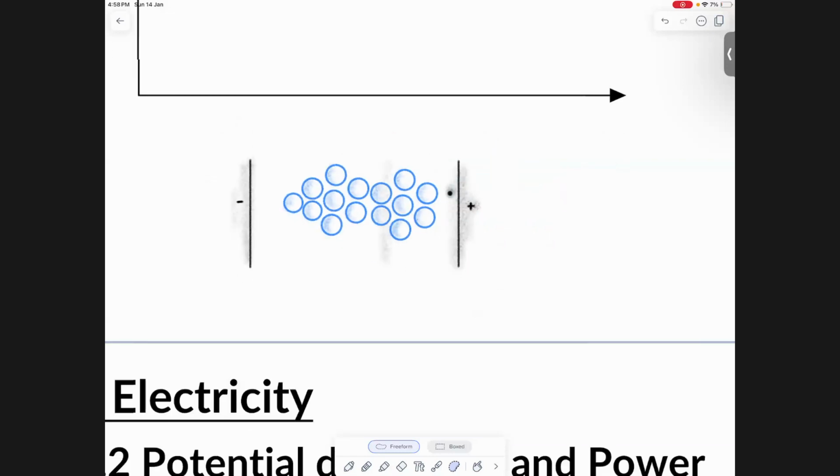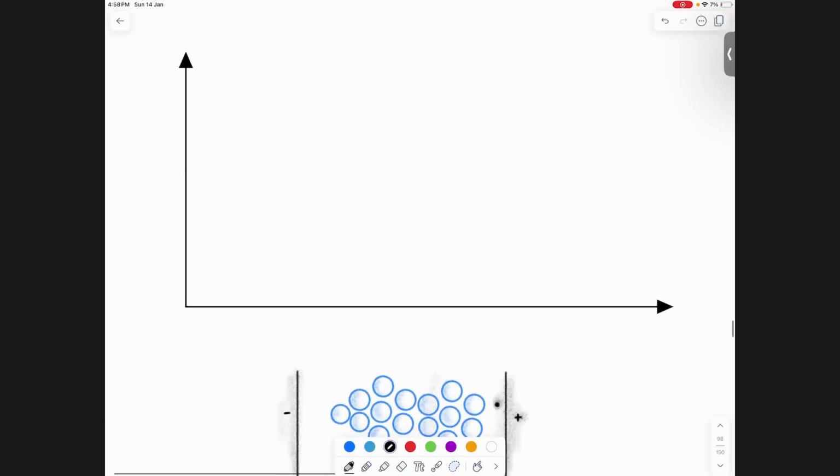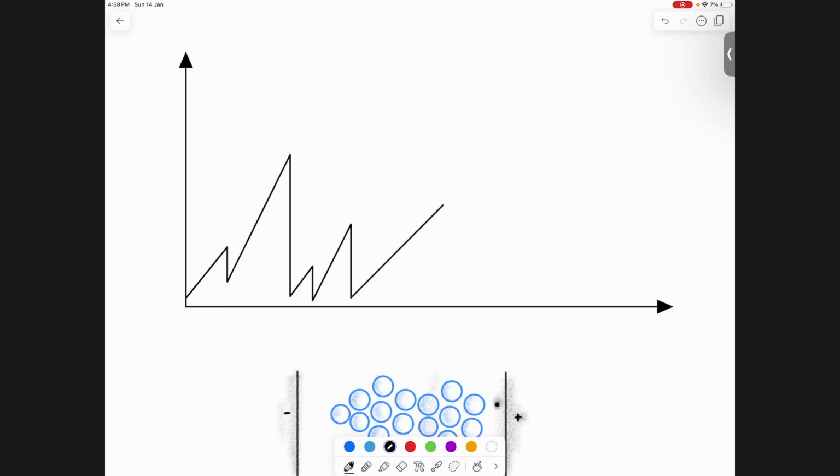So the same goes with the electron. If you look at an electron here and you look at its journey, and this graph is something you need to know, you'll find that the electron does go very fast at moments, but most of the time it is just slowing down. So this zigzag pattern is the life of an electron.